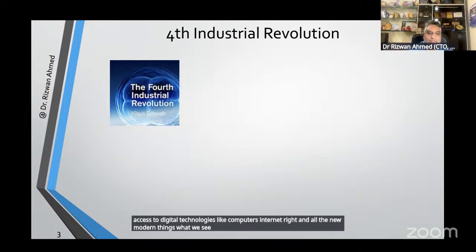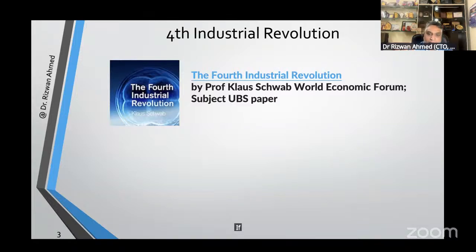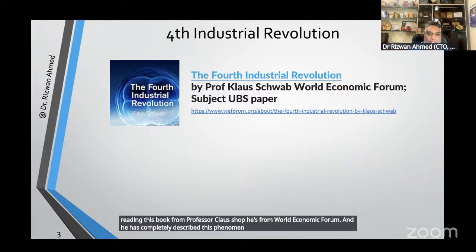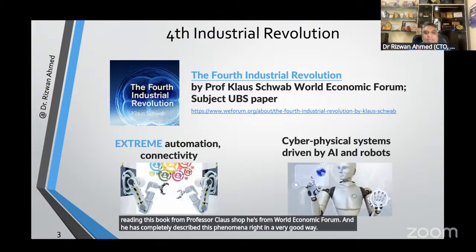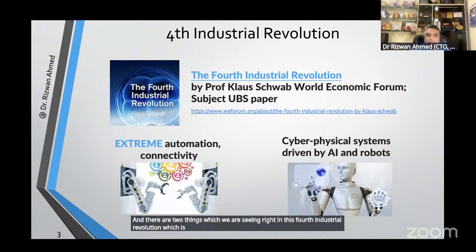But this fourth industrial revolution is completely unique. We all are seeing that. You must have heard about it, but if you haven't, I would highly recommend reading this book from Professor Klaus Schwab. He's from the World Economic Forum, and he has described this phenomenon in a very good way. There are two things we are seeing in this fourth industrial revolution, which are extreme automation and connectivity.